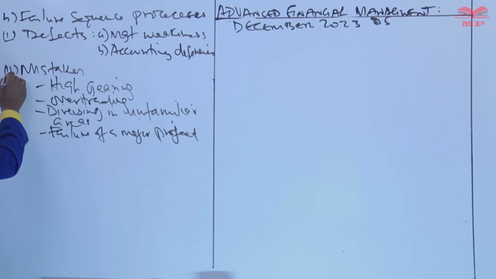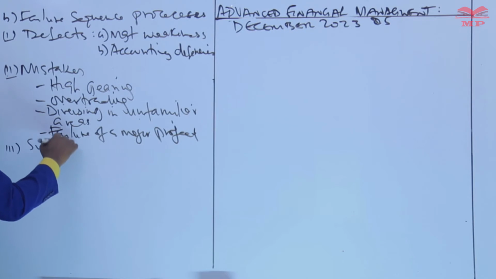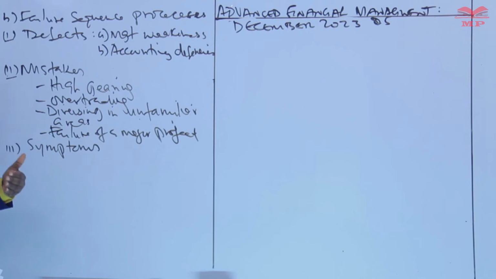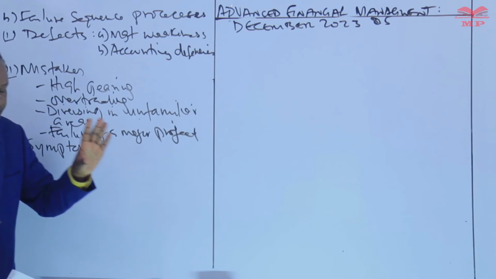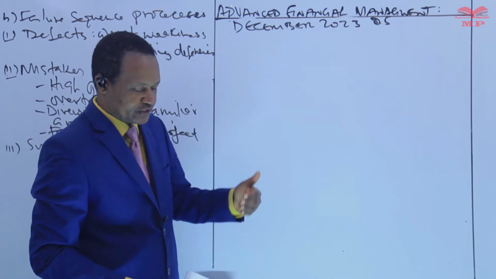We have defects, mistakes. Then number 3, symptoms. These are signs, okay? Because of the accumulation of mistakes, all right? The accumulation of mistakes gradually gives rise to visible signs of distress.